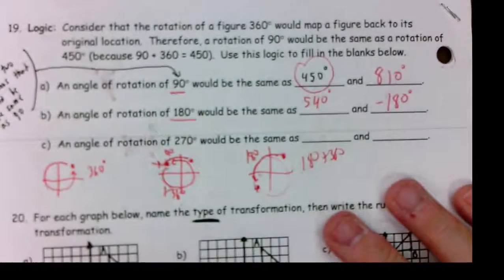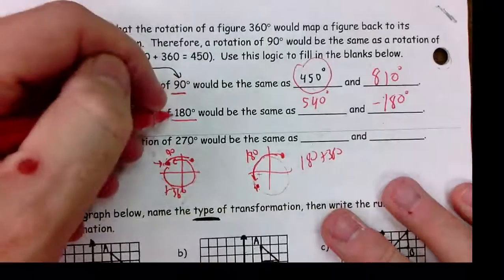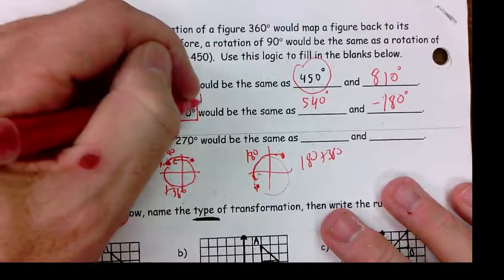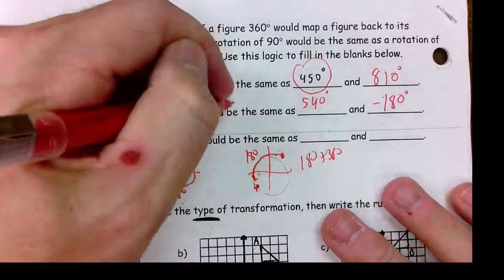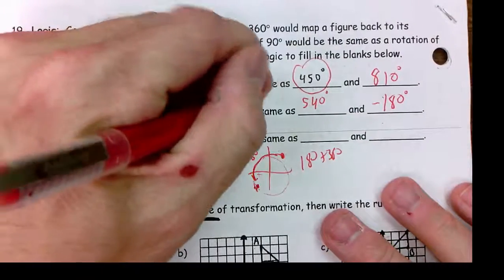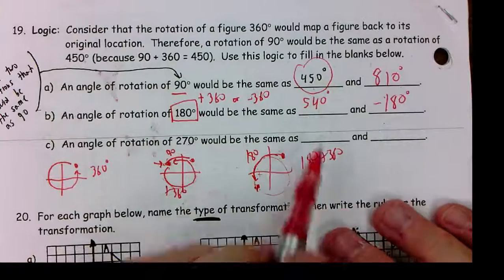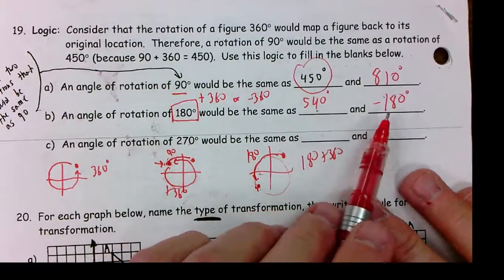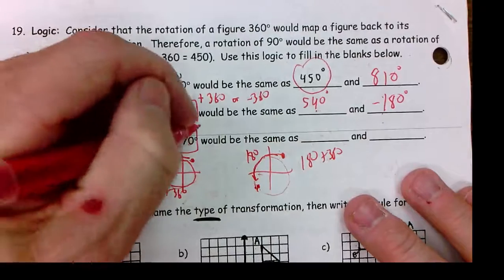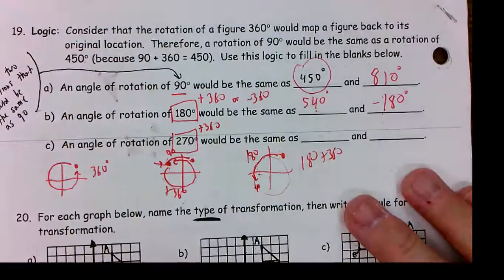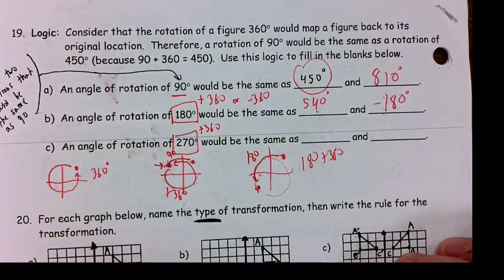The bottom line is this. As long as you take 180 and you either add 360 to it or subtract 360, you end up with an equivalent rotation. And the same with 270. If I add 360 to it, I have an equivalent rotation. I end up in the same spot.